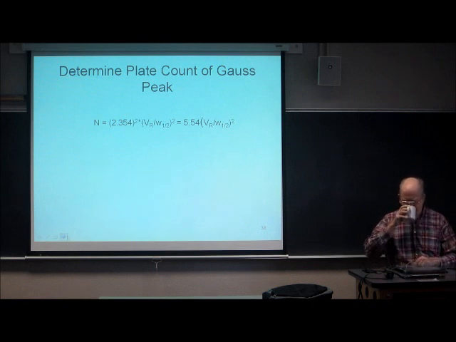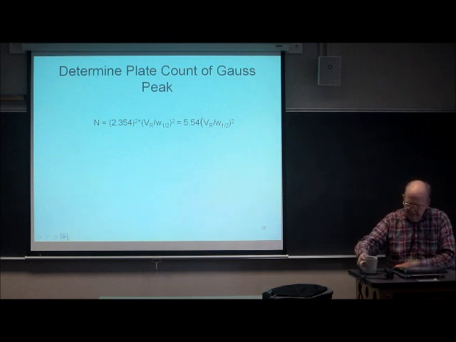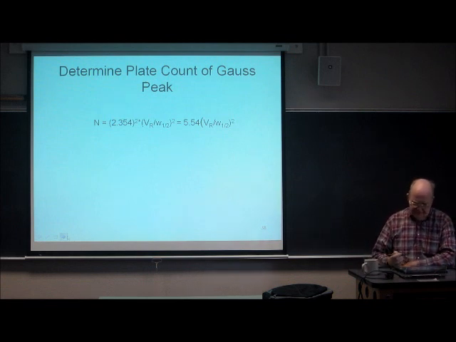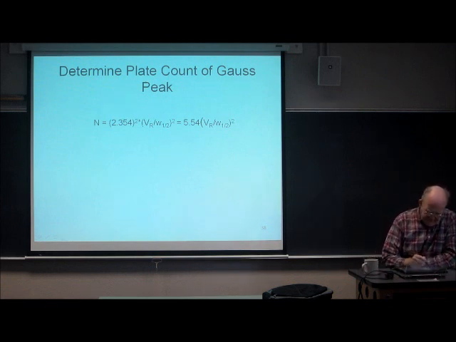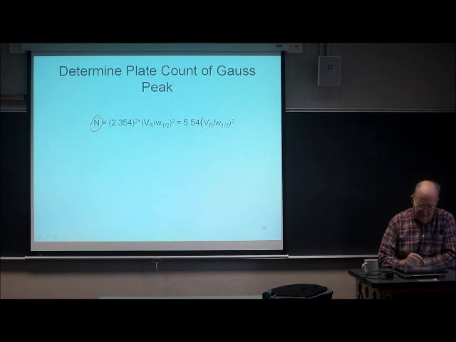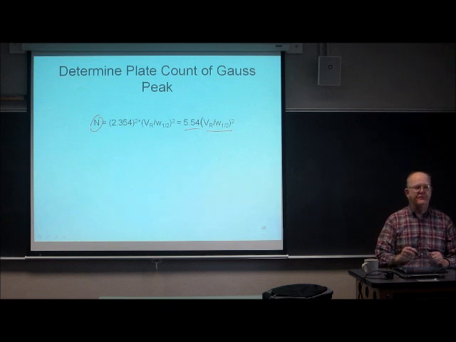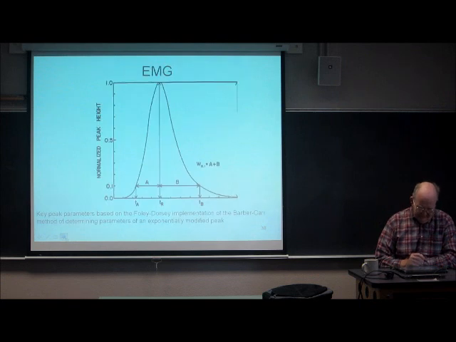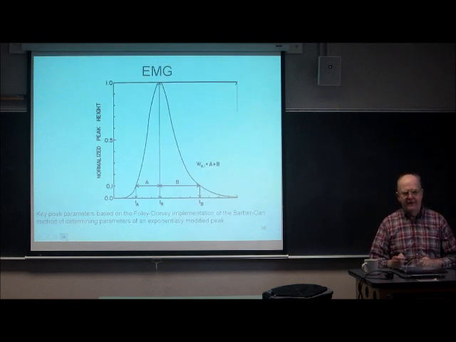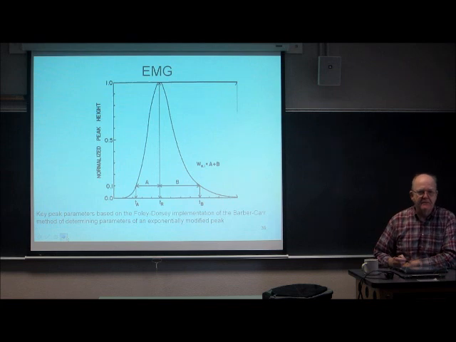Well, you got a problem, because this equation, n equal to VR divided by peak half width squared times 2.354 squared, or 5.54 times this squared, only works for a Gaussian peak. This was derived assuming that the peak was Gaussian. But here's a typical exponentially modified Gaussian peak.